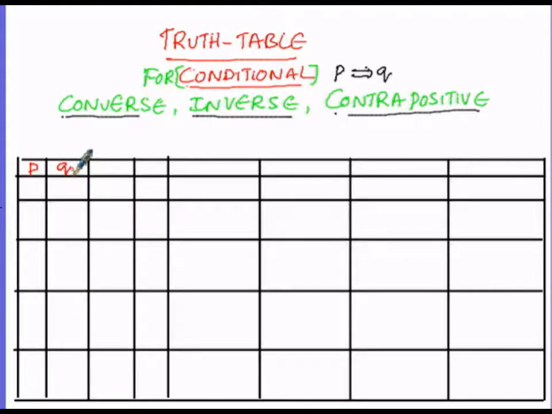Then later we are going to find out the negation of this P. So here negation P, and the negation of this Q as negation Q as the third column. Then later we are going to write the conditional statement, which is P implies Q. Then now here we are going to find out the inverse.